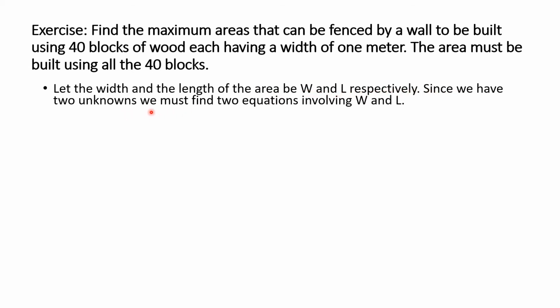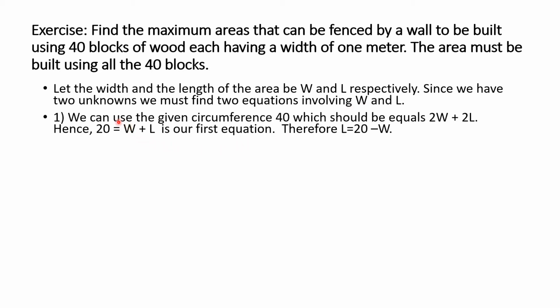Since we have 2 unknowns, we must find 2 equations involving W and L. Obviously, since we have width and length, we're talking about either a rectangle or a square. So let's see if that's going to work for us.